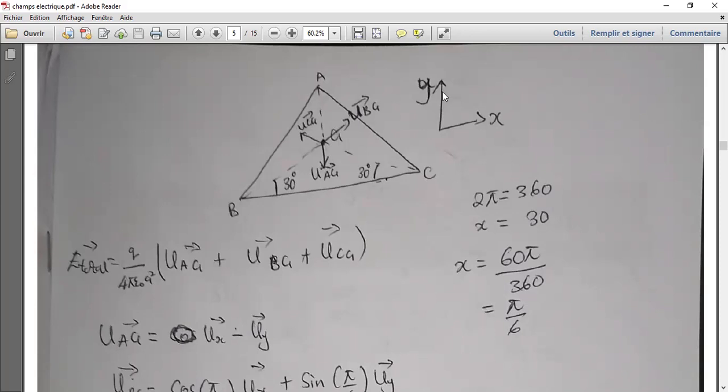So if it's representing the Y vector, you see that this line doesn't make an angle, it doesn't open. It's coming direct, not making an angle. So you see there's no angle made.